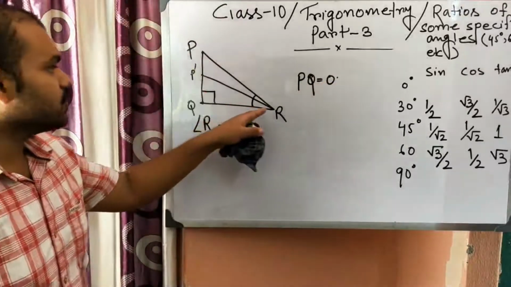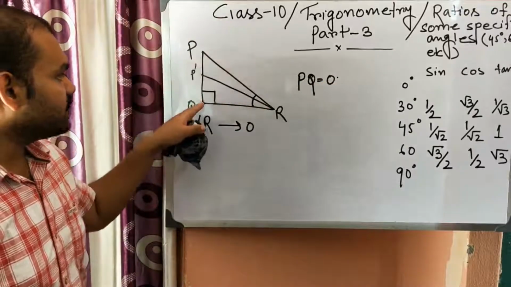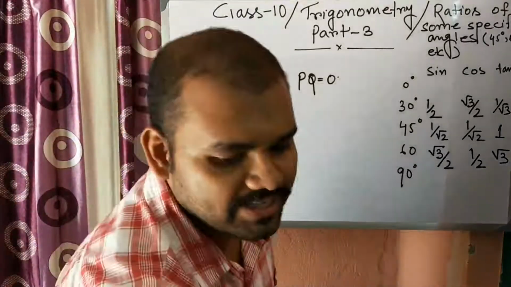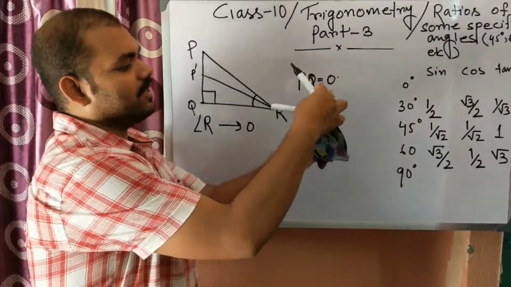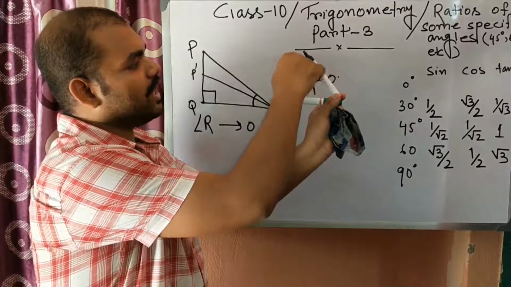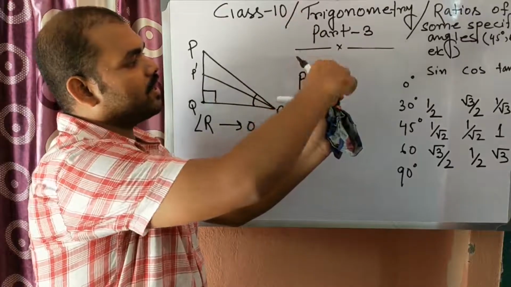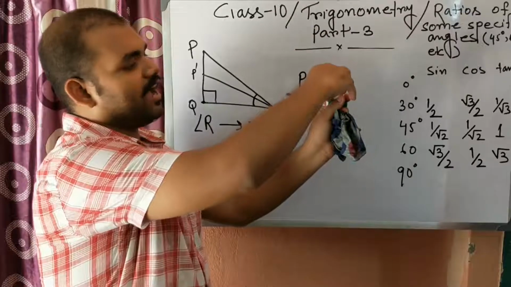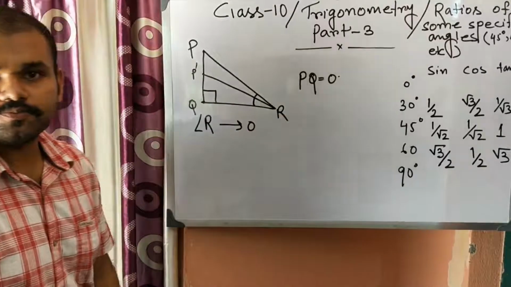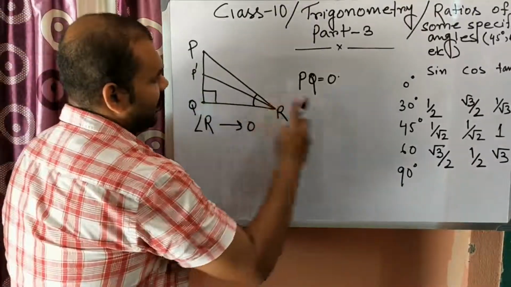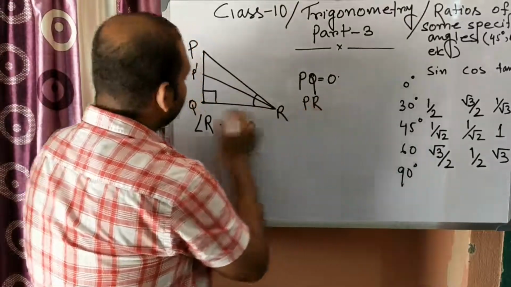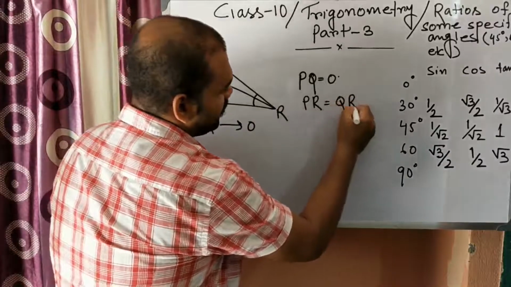When the hypotenuse comes here, or the angle becomes 0, the perpendicular also becomes 0, and the hypotenuse, that is PR, and the base QR become equal.